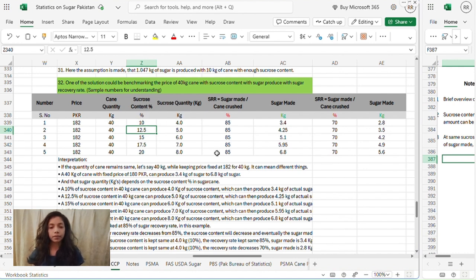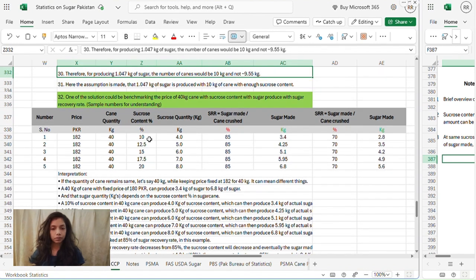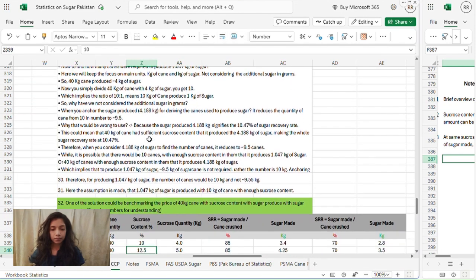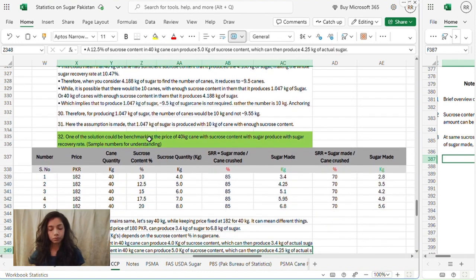Now, why I came up and how I came up with this solution, we have discussed in all this content written here that I have discussed in the previous video.